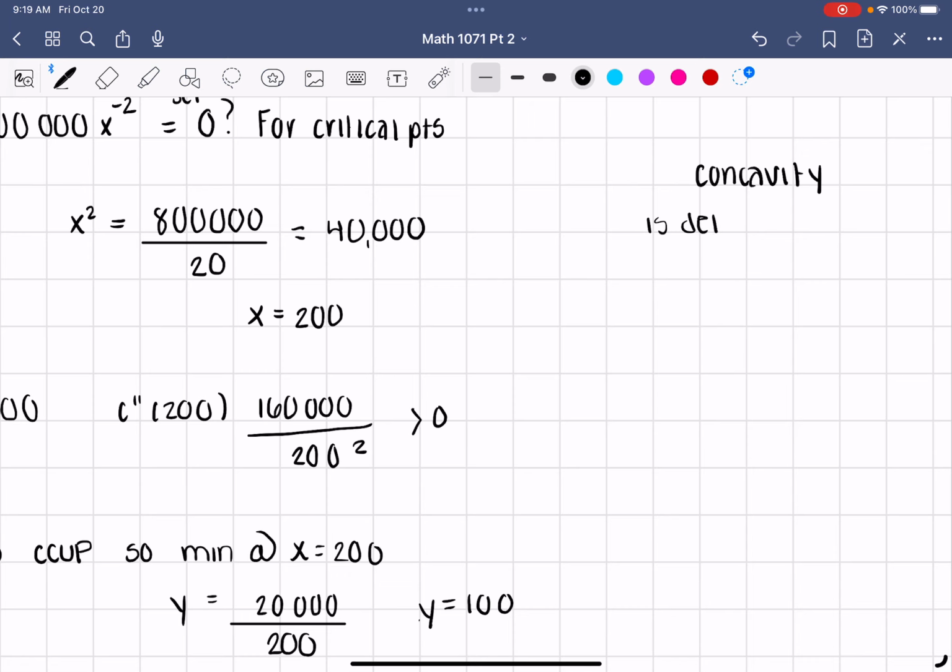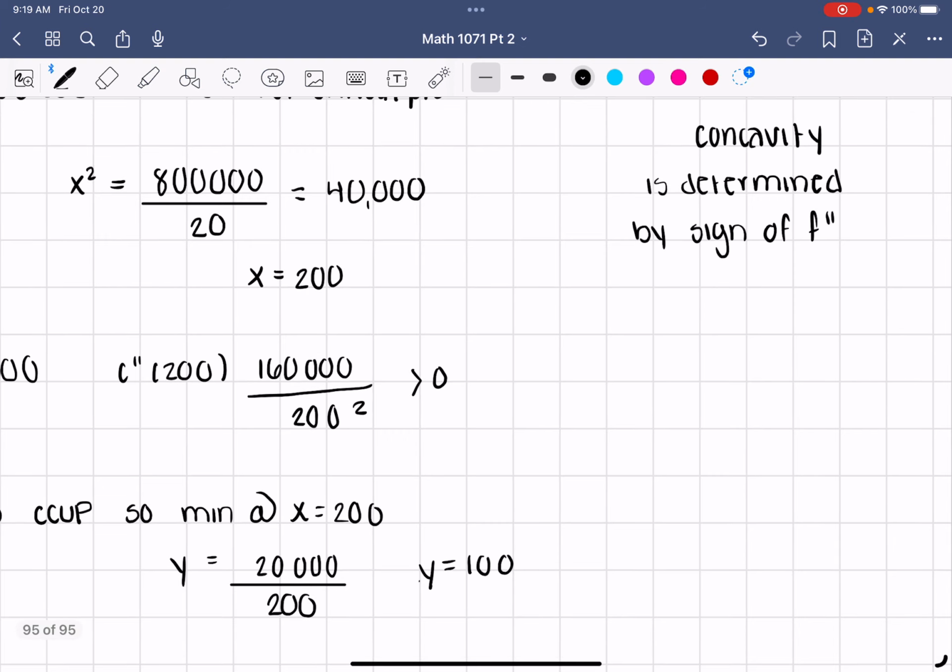So where the second derivative was positive, that's where your concavity was up. And in order to have a minimum critical point, you need your concavity to be up. Are we okay?